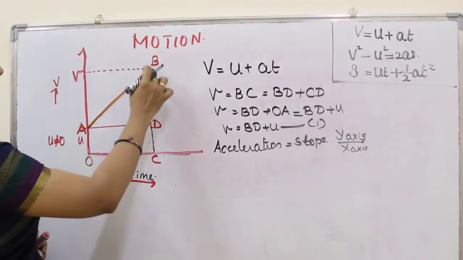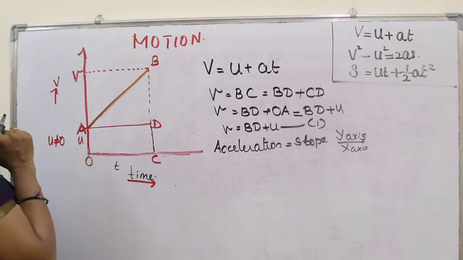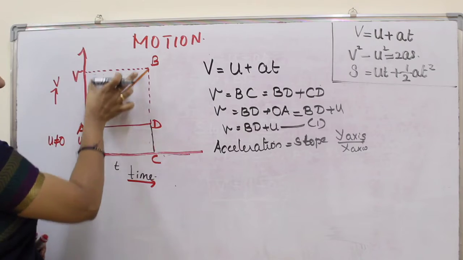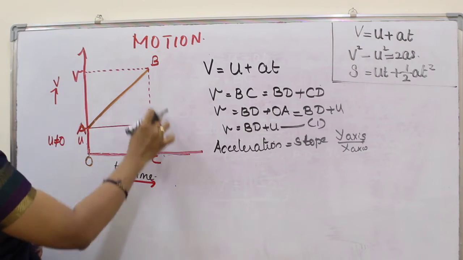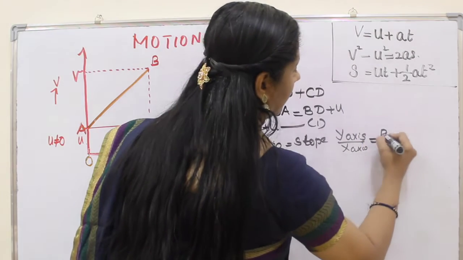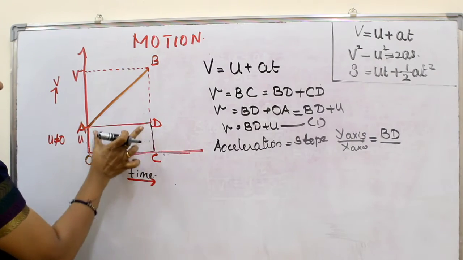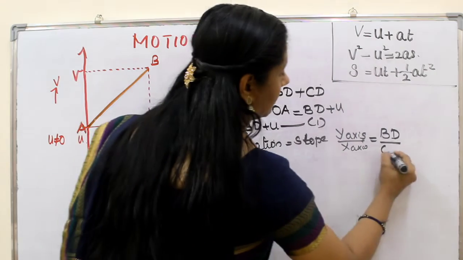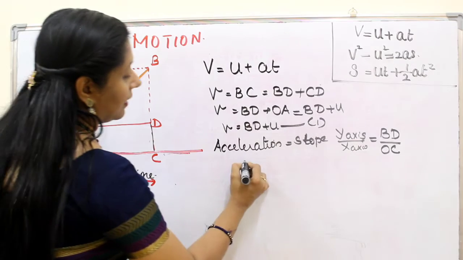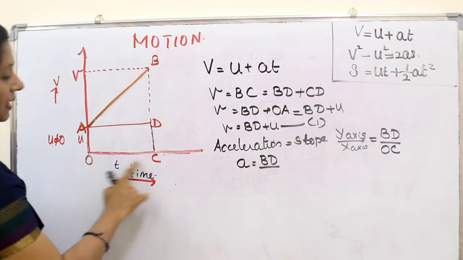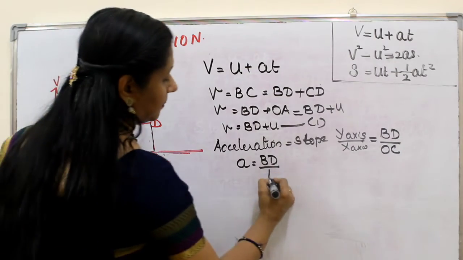So here, difference in the y-coordinate, you can say that BD is the change in velocity from u to v. Upon, what is the change in time? AD. But AD is corresponding to OC, so I am writing OC. So now I can write a is equal to BD by, what is OC? OC is the time.